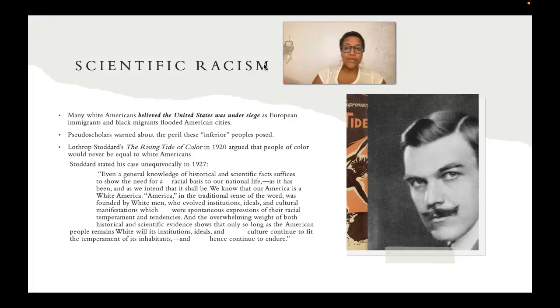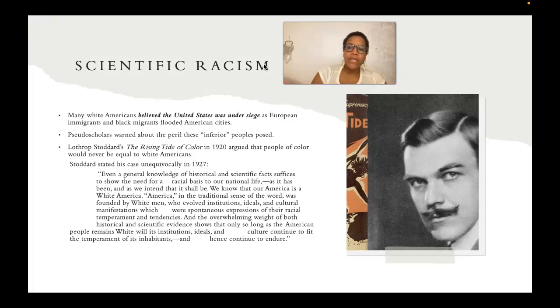You have pseudo-scholars warning about the peril that these inferior peoples caused. People like Lothar Stoddard wrote The Rising Tide of Color in 1920, and he argued that people of color would never be equal to white Americans. This is Lothar over here.